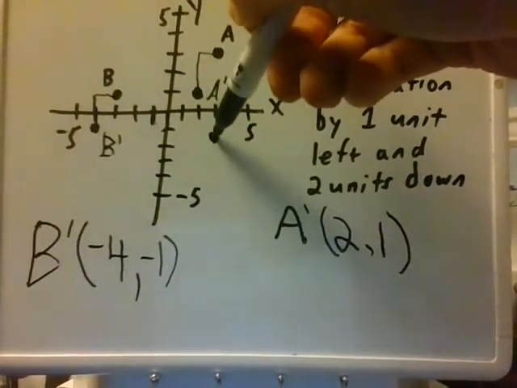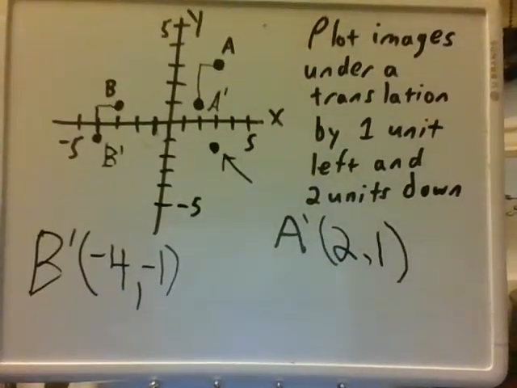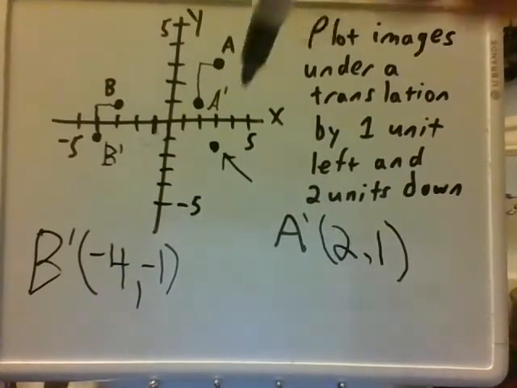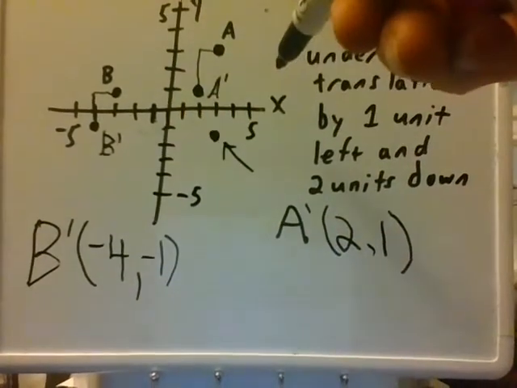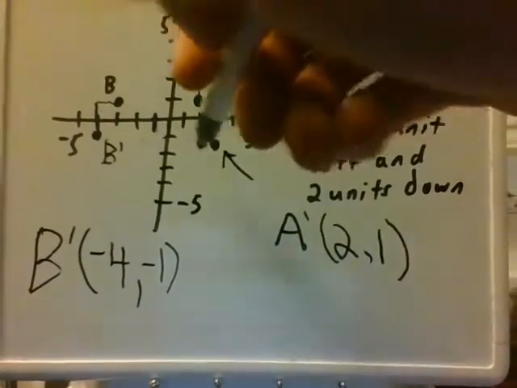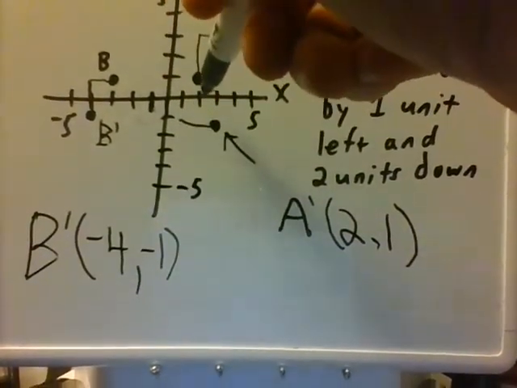This is where that point would be, right there. And then you translated it, or you moved it, I'm sorry, 2 units to the left. 1, 2. And then 5 units down.